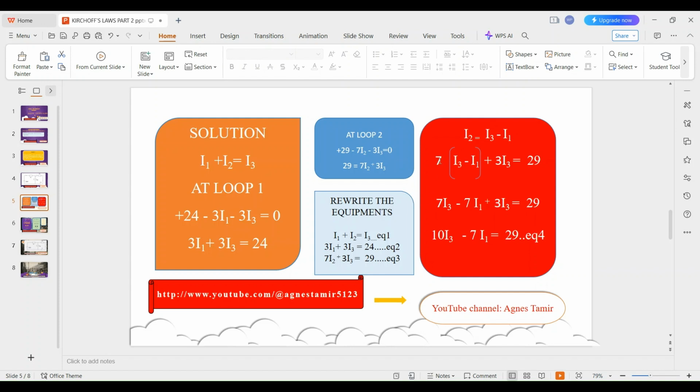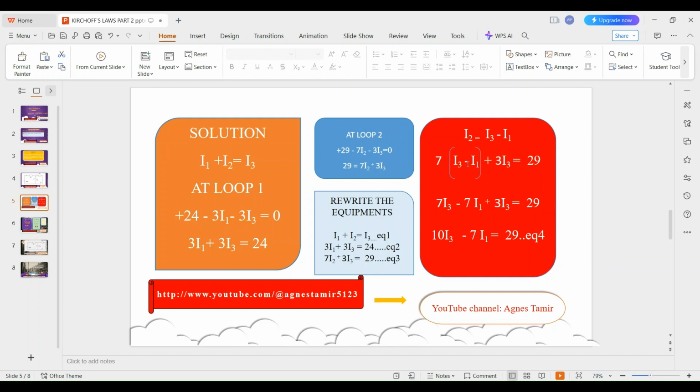So we shall have 7 I2. We have said I2 is equal to I3 minus I1. Therefore, we are replacing I2 with this. So we shall have 7 into I3 minus I1, close the brackets, plus 3 I3 is equal to 29.